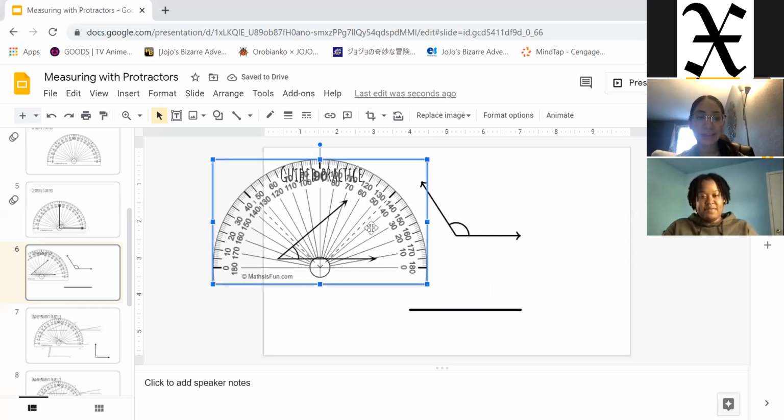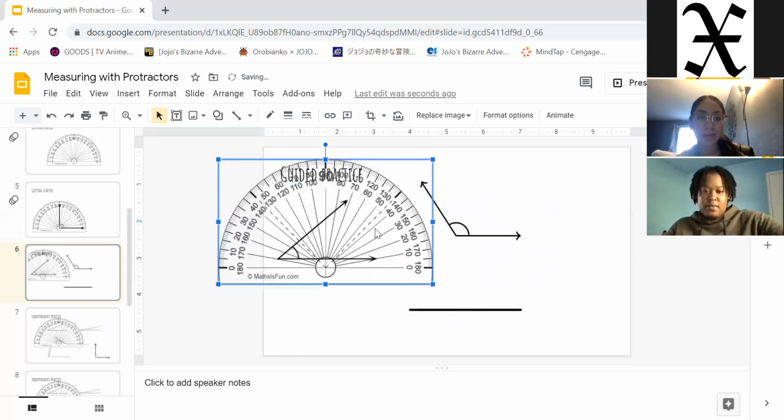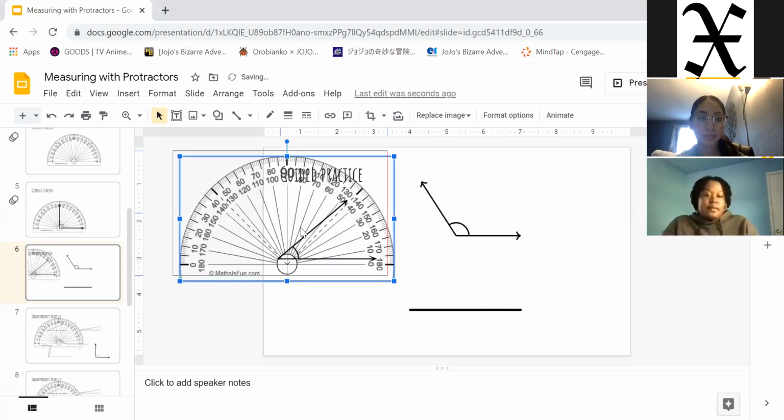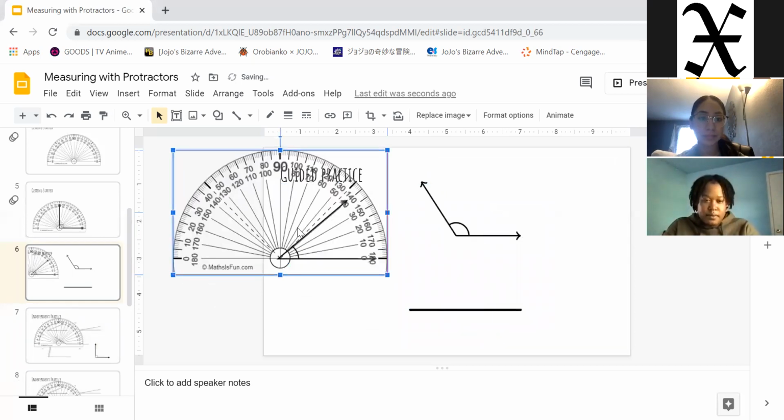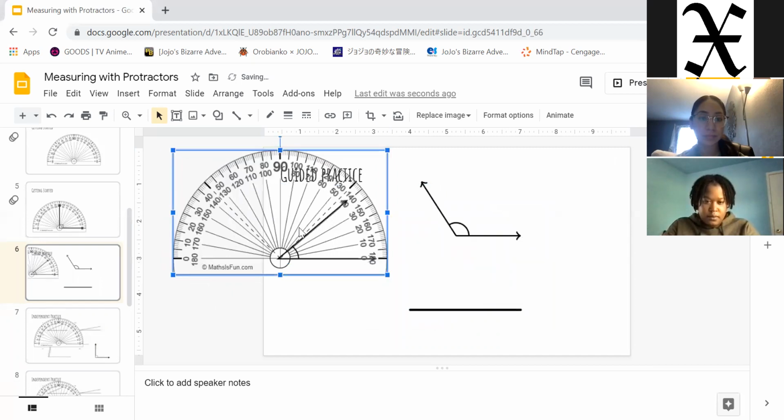Yes. So where am I going to put this protractor? Where am I going to make sure it lines up with? At the vertex in the middle. Yeah, the middle. Right here.